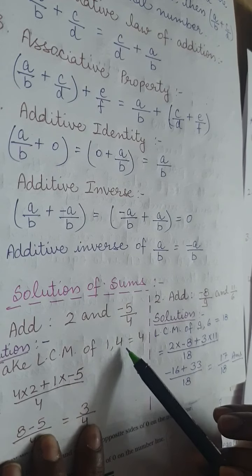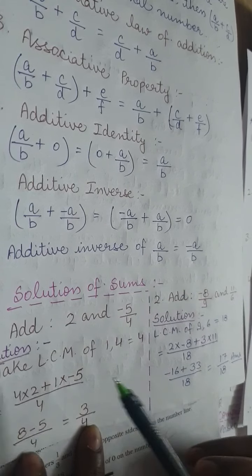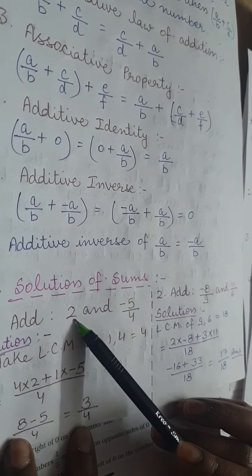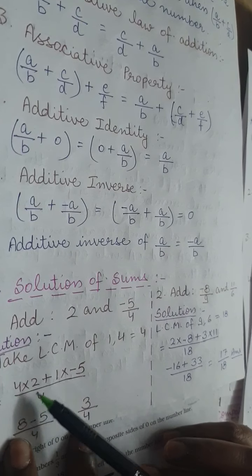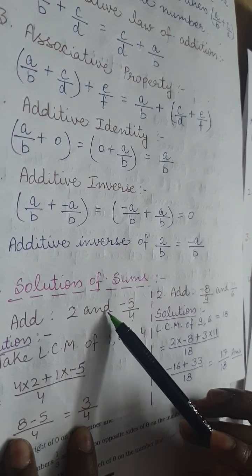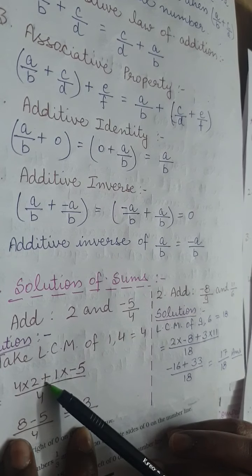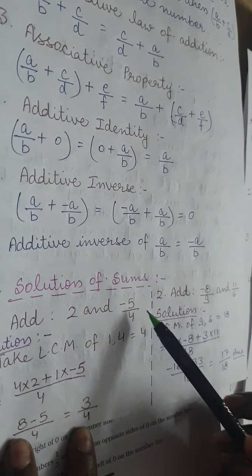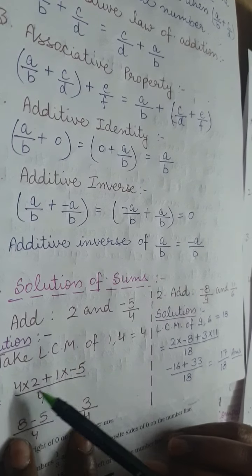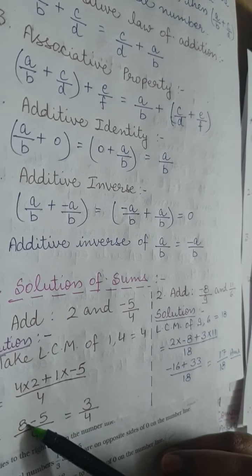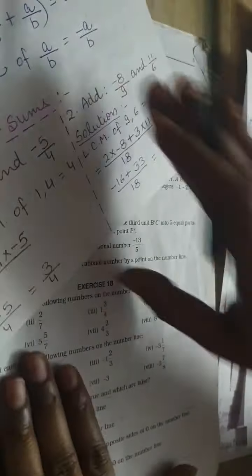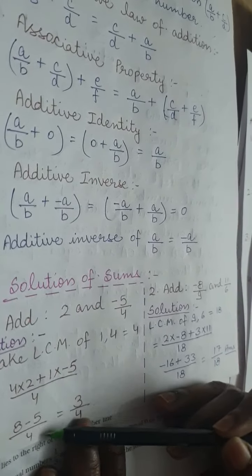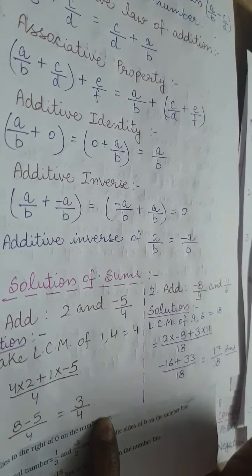So the LCM of 1 and 4 is 4. Now we divide 4 by 1, we get 4. Then multiply by 2, and we have to add it. So the sign will be plus: 4 ones are 4, multiplied by minus 5. Now 4 twos are 8, 8 minus 5 divided by 4, that is 3 by 4.